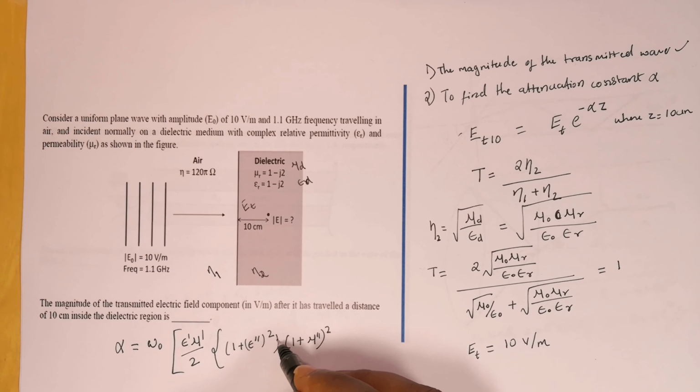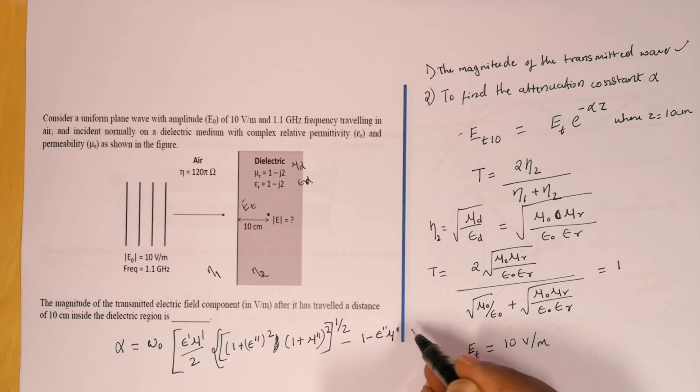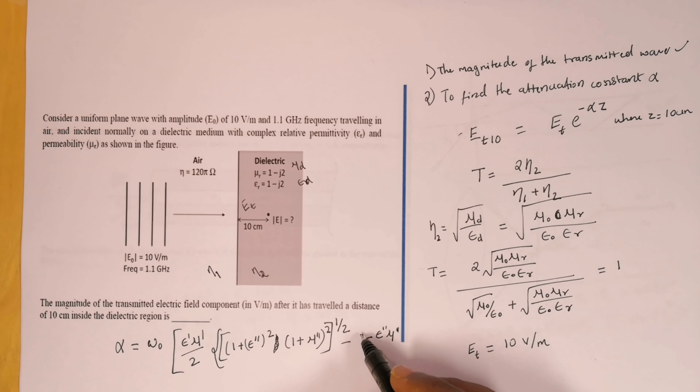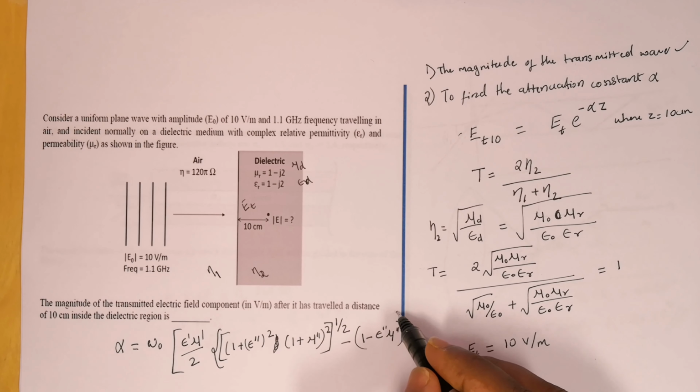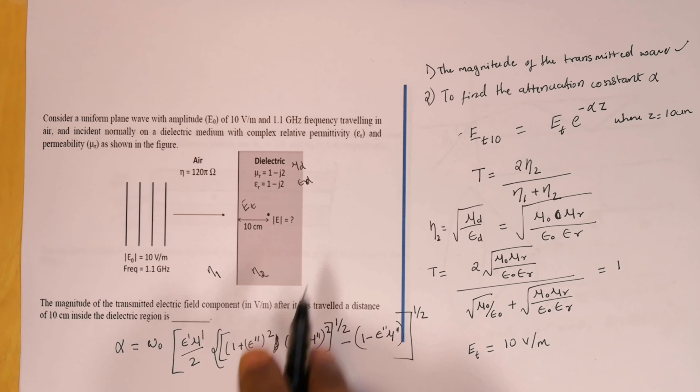And you have the square root of this, and you have 1 minus epsilon double dash mu double dash, and you take the square root of all of this. So this is quite a big formula, but it fits very well with this problem here.